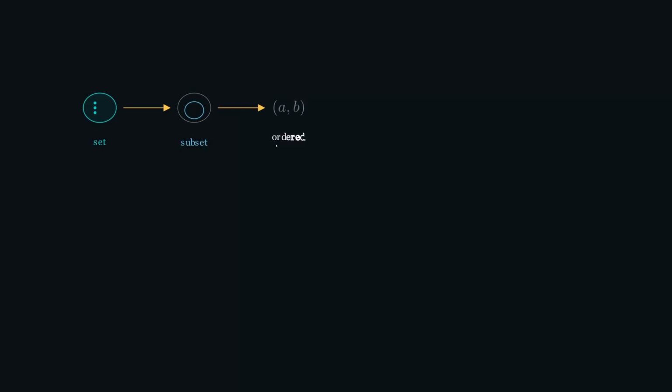Then we talked about order. A set does not care about arrangement, but some aspects of mathematics often do. So we built the ordered pair, a construction where first and second are permanently distinguished. And from ordered pairs, we built the Cartesian product, every possible pairing of elements from two sets. With ordered pairs in hand, we defined relations, any collection of pairs.